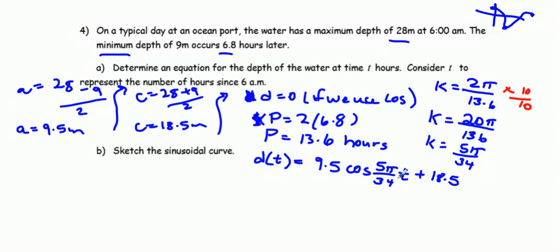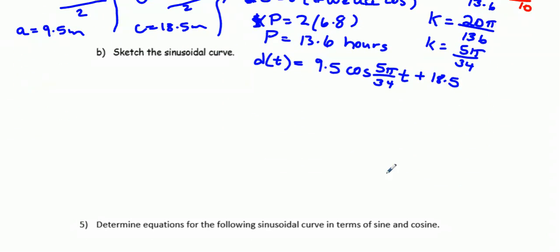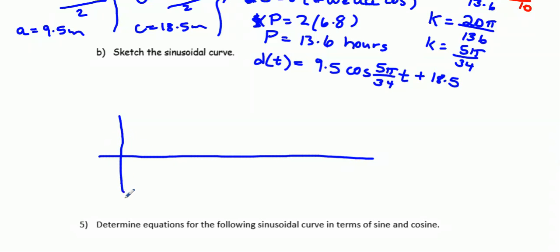If I want to sketch this sinusoidal curve, then because we don't have a phase shift, we don't even have to go through this business that I taught you yesterday. All you want to do then, it really is just put your quarter period on the x-axis. So our period was 13.6.